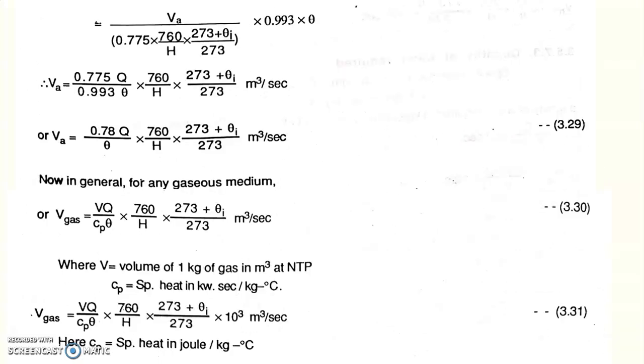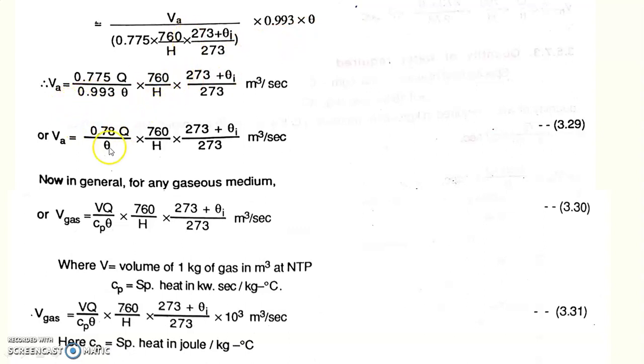Just putting the values previously calculated, VA as it is, 0.775 into 760 divided by H into 273 plus theta upon 273. This is the volume of 1 kg of dry air at normal temperature and pressure, into 0.993, the specific heat of dry air, theta, temperature rise, and just simplify it.